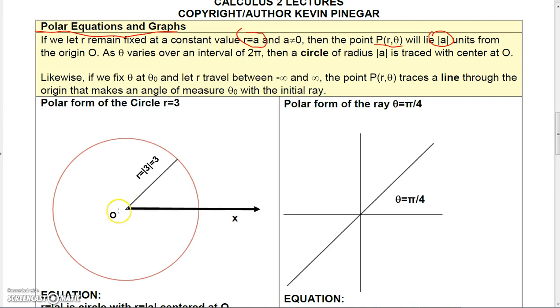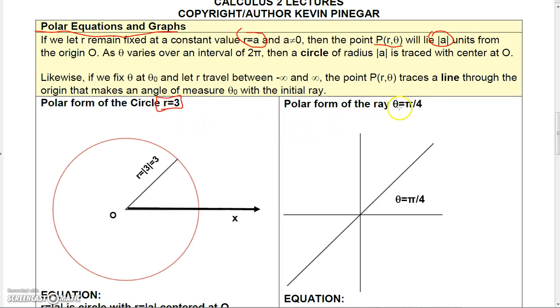So if r is a particular length, and theta can go all the way around, then you get a circle. So r equal 3 is the equation of a circle with radius 3. If you did r equals 6, it'd be a circle with radius 6, and r equal 5 would be a circle with radius 5, and so forth.